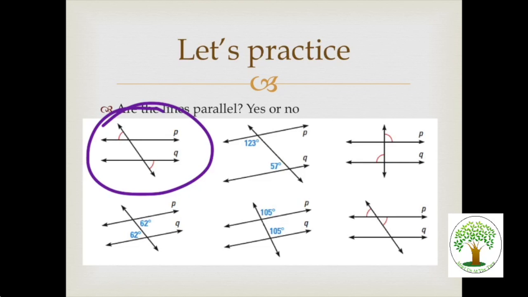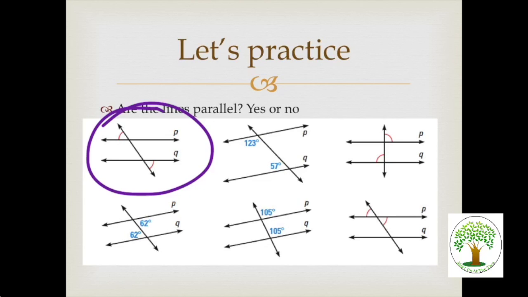They're alternate exterior. Do alternate exterior have to be congruent, or do they have to be supplementary? Congruent. So, if 2 lines are cut by a transversal and the alternate exterior angles are congruent, then they're parallel.